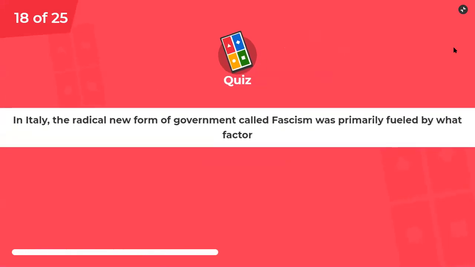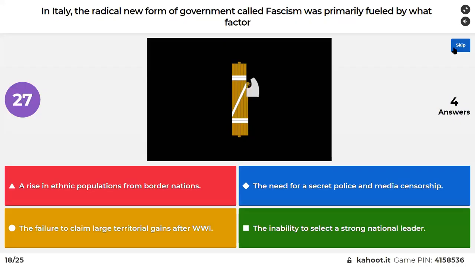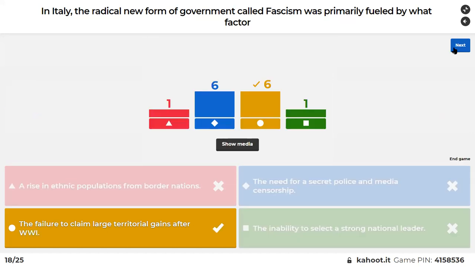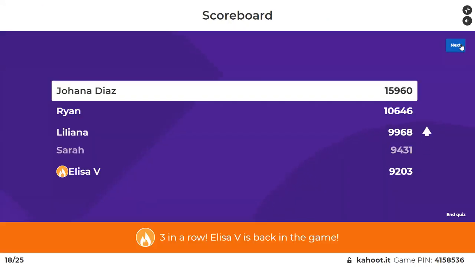In Italy, the radical new form of government called fascism was primarily fueled by what factor? Right? Failure to claim large territorial gains after World War I. Right? They were on the winning side. They didn't get any benefit. They lost land.